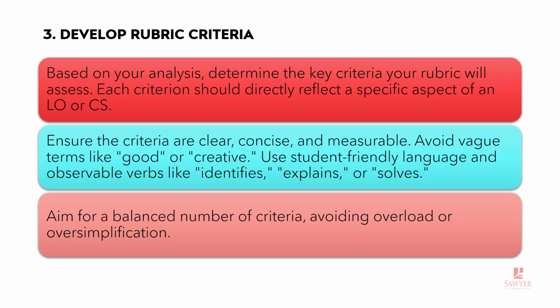And then we want to aim for a balance between the number of criteria to avoid overload or oversimplification. So you don't want to just have 2 criteria for something. Like I mentioned already, 3 to 5 is typically a good number of criteria. But of course, don't just come up with a criterion just to fill in a blank.